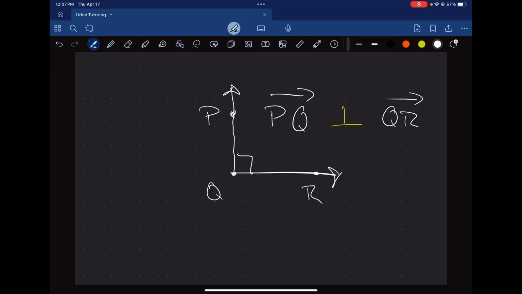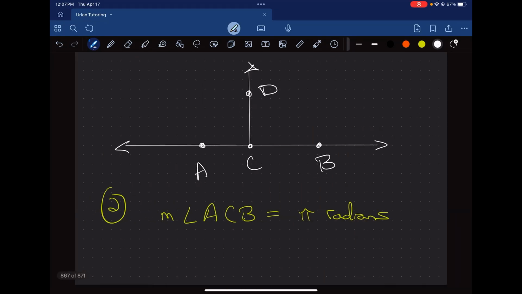Now, when I have a straight line, like I do here, ACB, what I have is 3 points, and I basically have 2 perpendicular angles here, so 2 90-degree angles. When I have a 90-degree angle over here and a 90-degree angle over here, those add up to give me the degrees of a line.